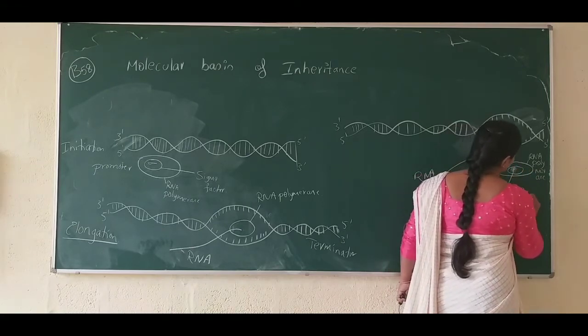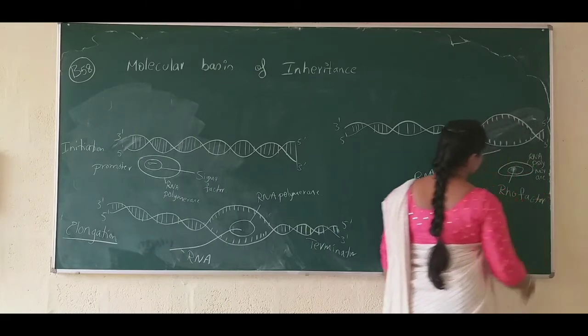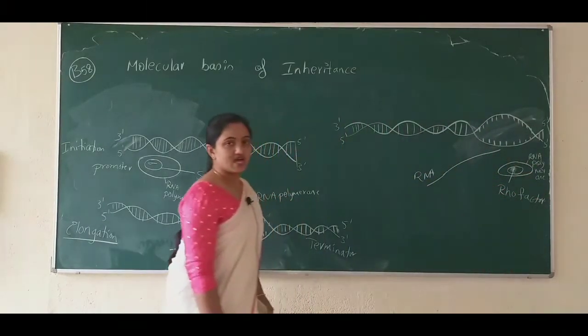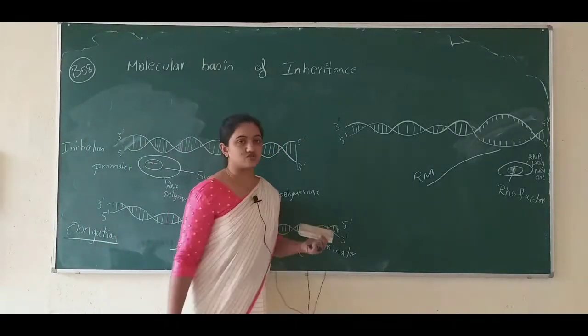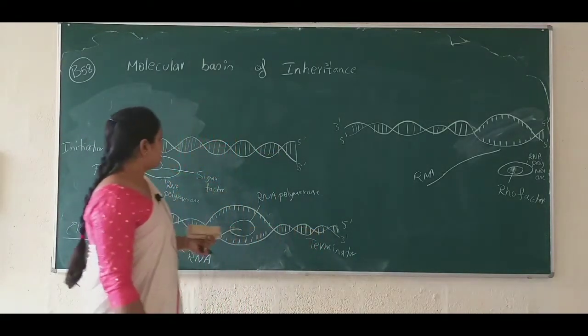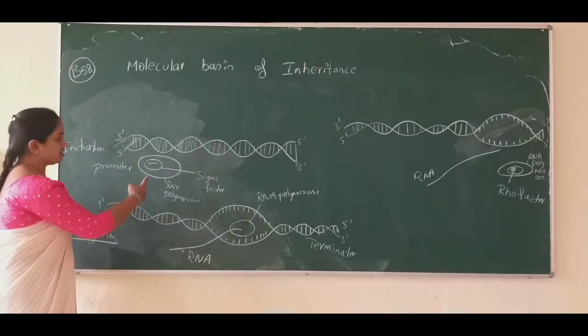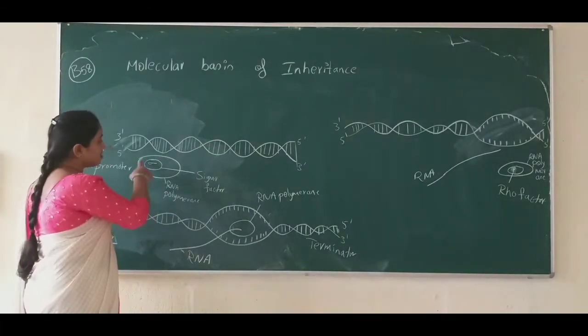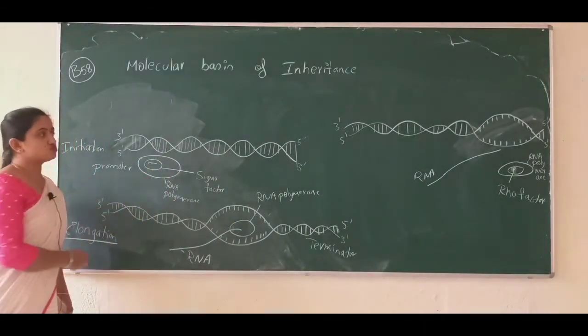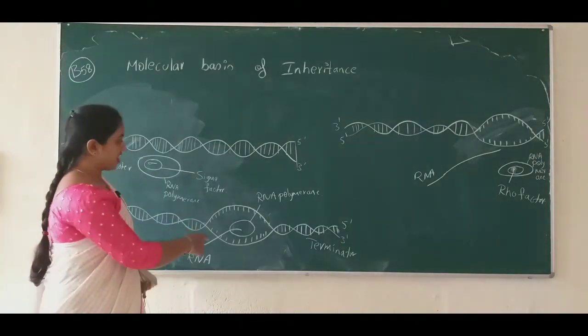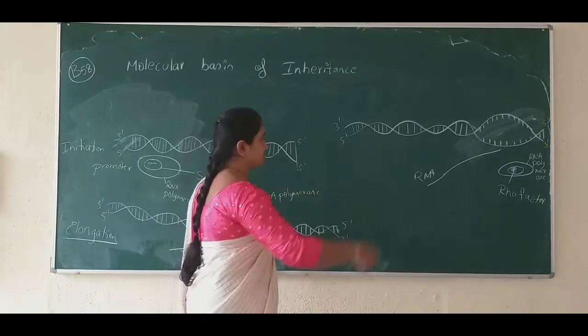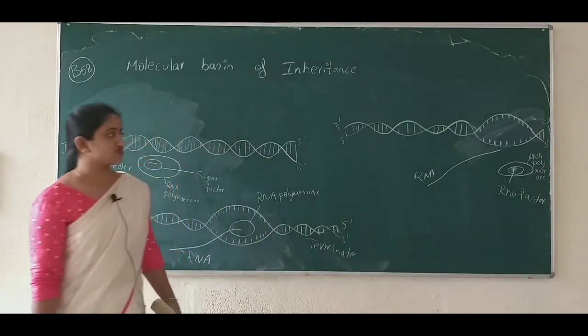and inside that you have to show the rho factor, because the rho factor helps in the elongation and termination of transcription. And here RNA polymerase and sigma factor help to initiate the transcription process. The rho factor elongates and terminates the transcription process.